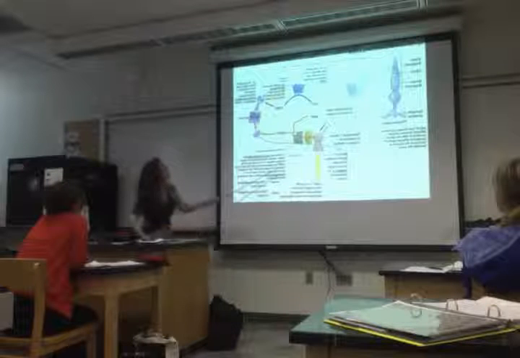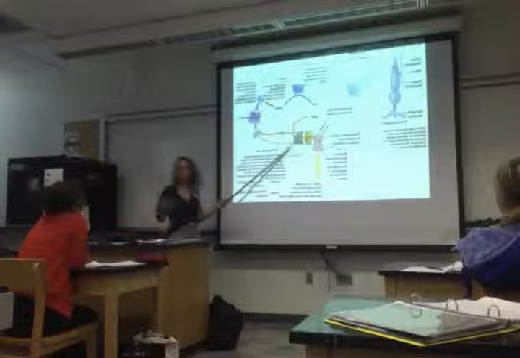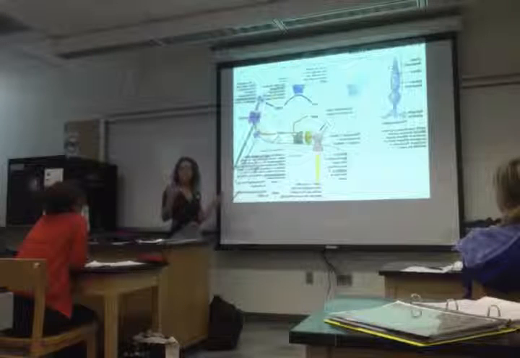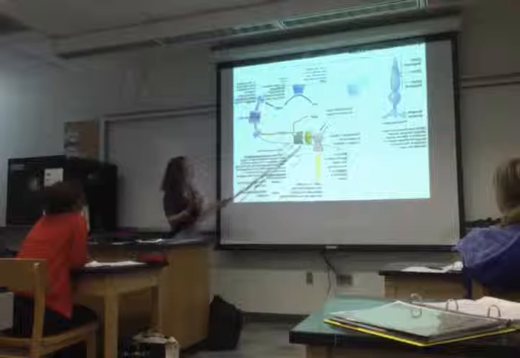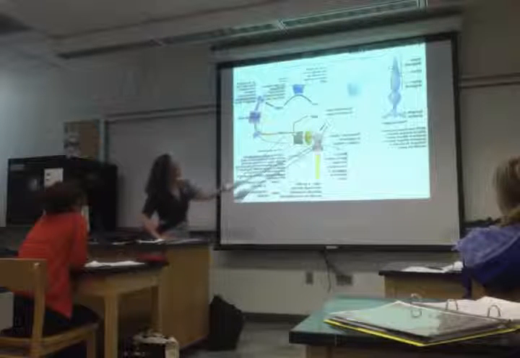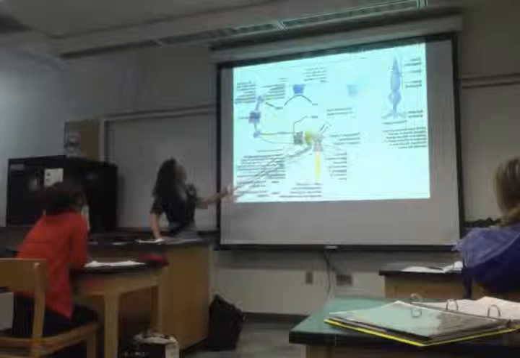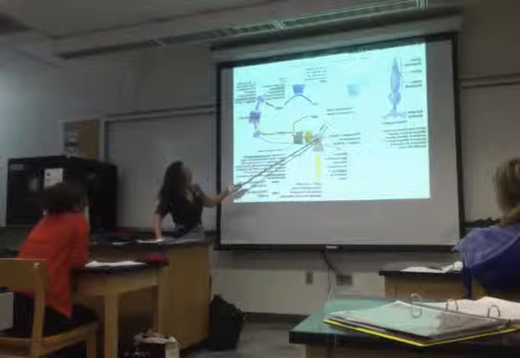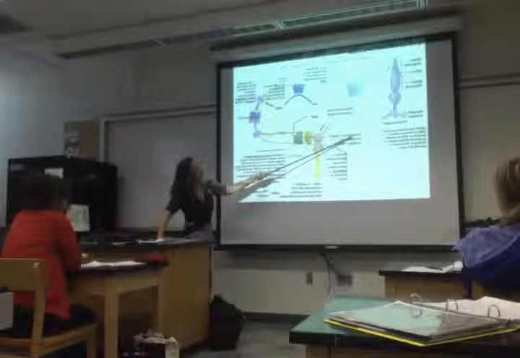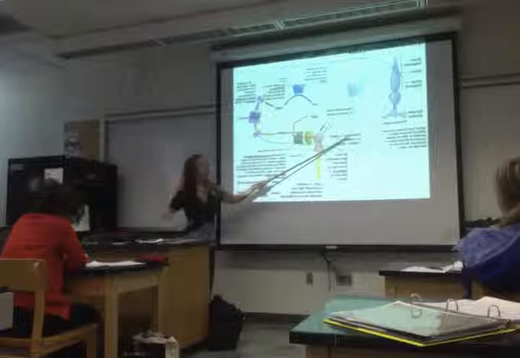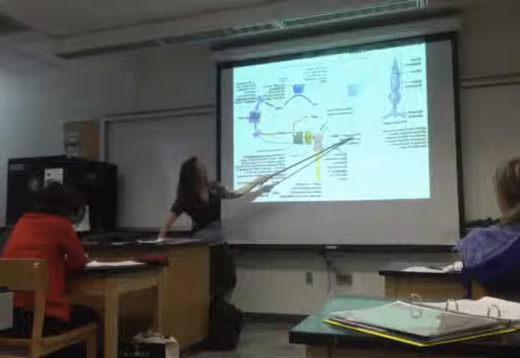Great. So let's look at the components of this complex. Well, let's look at the whole thing. So we've got rhodopsin. We've got all new vocabulary, all new names of things.